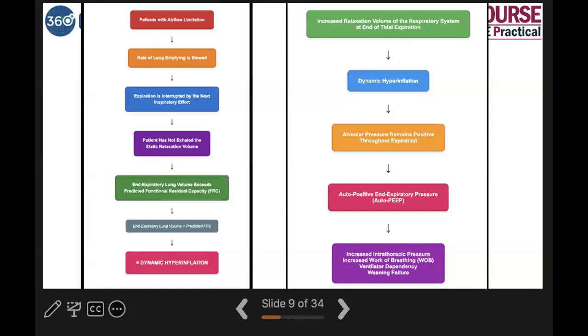So that is why the work of breathing is going to get increased when the auto PEEP is there. The patient has to fight the auto PEEP, the patient has to fight the pleural pressure so that the ambient airflow enters into the lung, because already the alveolar pressure is too high. If you keep the ambient pressure also high, then they can't inspire the next breath.